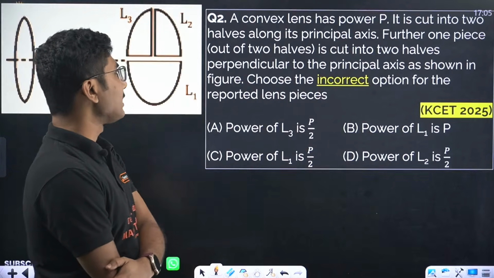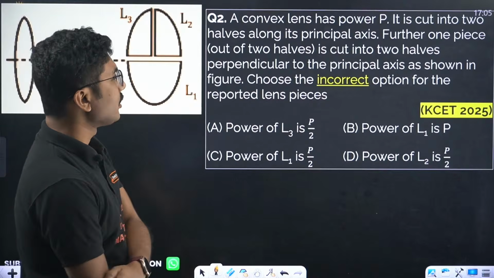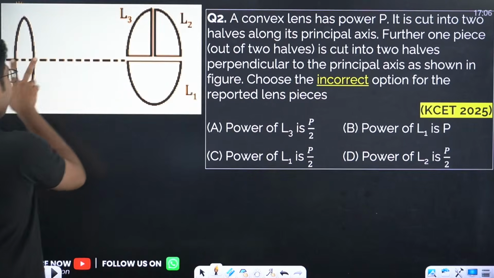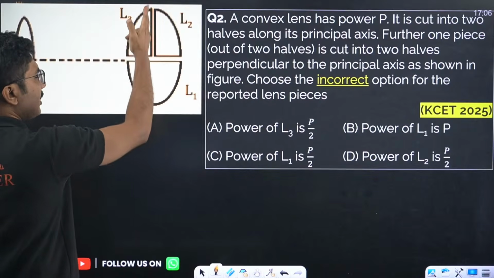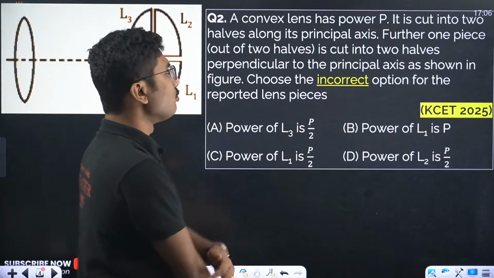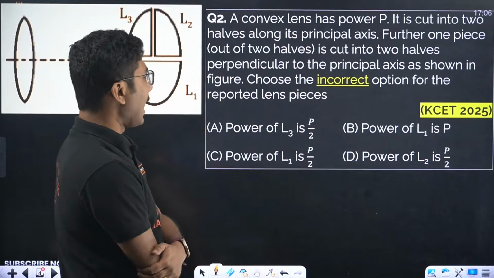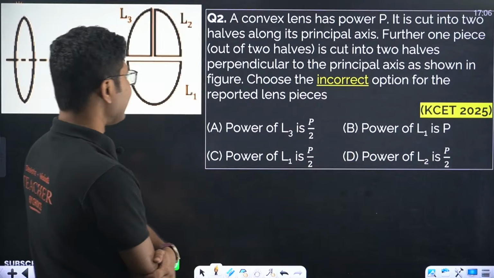Further, one piece out of the two halves is cut into two halves perpendicular to the principal axis, as shown in the figure. Choose the incorrect option for the lens pieces.